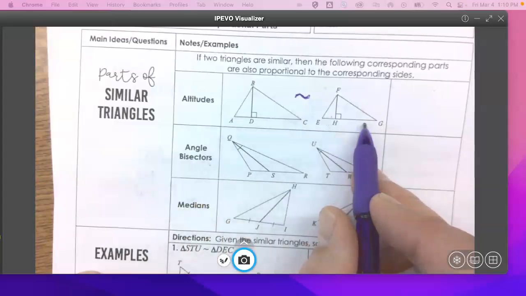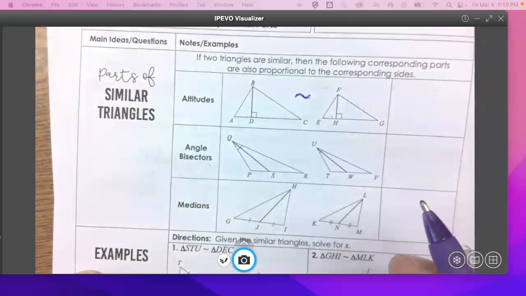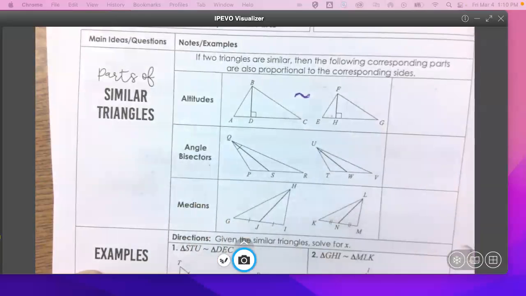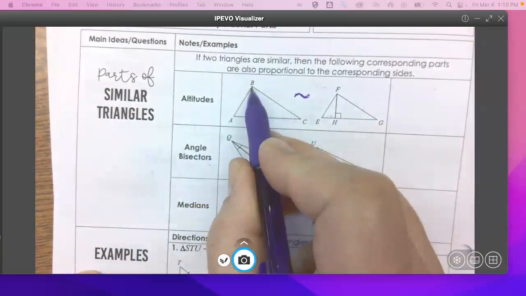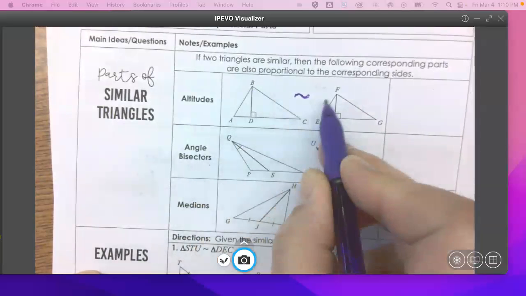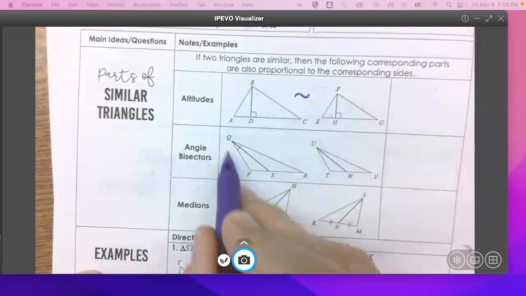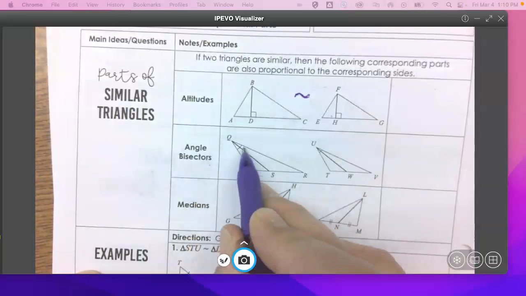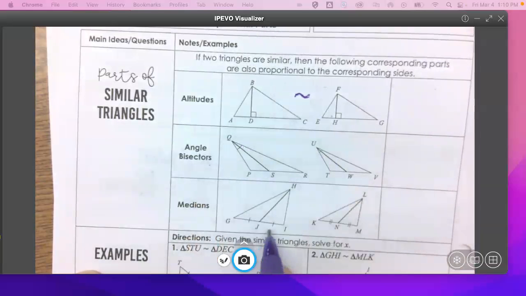In other words, any side would suffer the same scale factor change. Turns out it's not just sides. Remember when we did centroids and incenters and circumcenters and orthocenters? And we talked about an altitude, meaning it's perpendicular to the base, and an angle bisector when it bisects the angle, and a median when it goes to the midpoint of the opposite side.